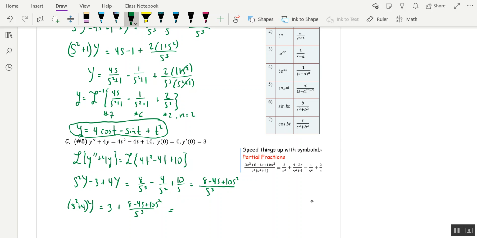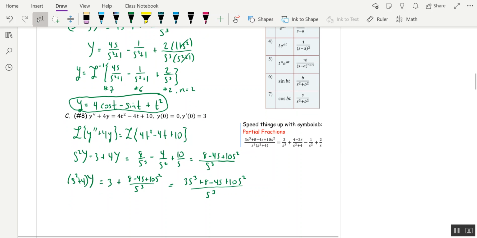So that's going to be 3s cubed plus 8 minus 4s plus 10s squared over s cubed. Finally, we're going to divide by s squared plus 4.